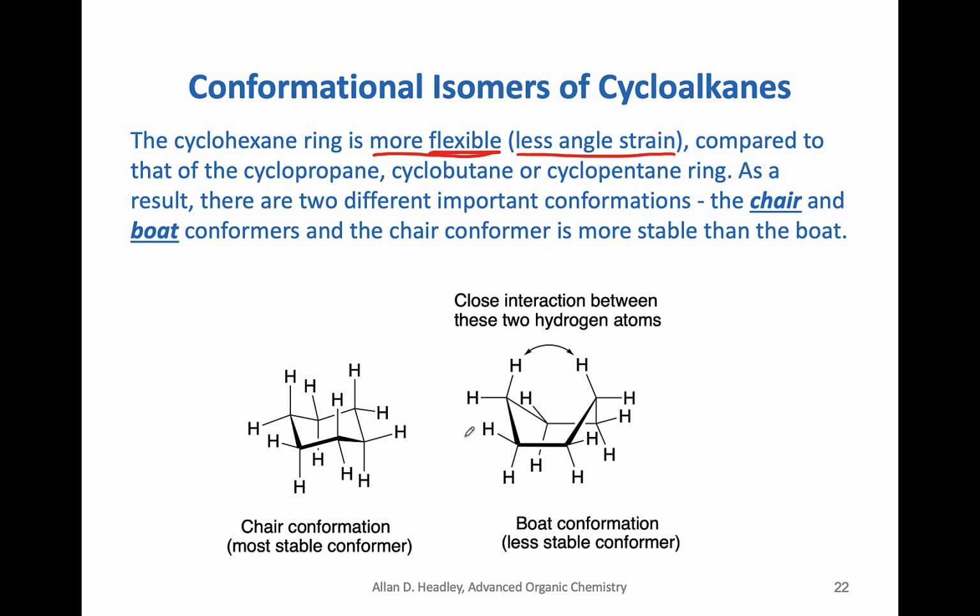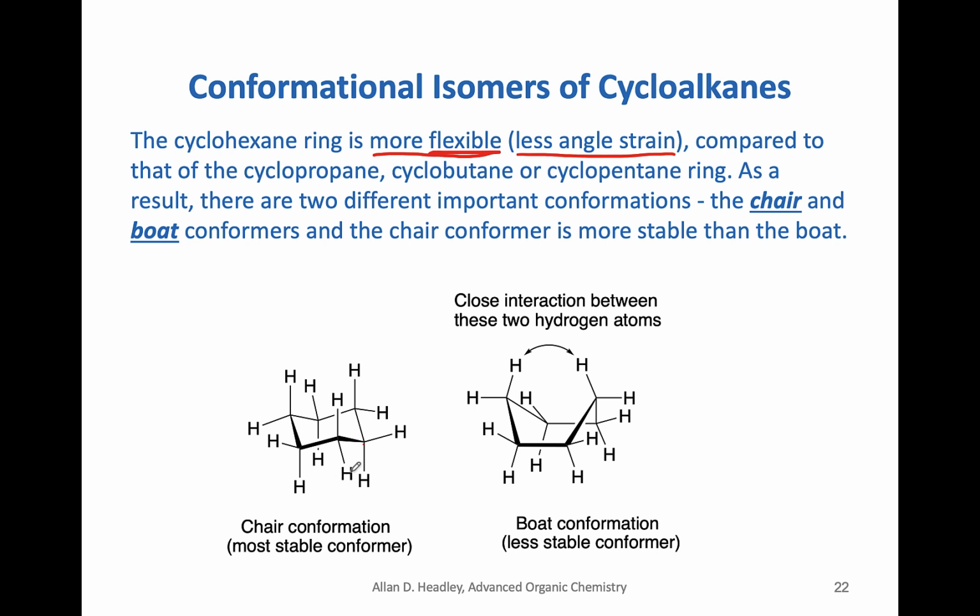What you'll discover if you build this is that it's very flexible. Very flexible. You can literally take this carbon here and pull it all the way up, and you get a different conformer based on slight rotation of these carbon-carbon bonds.